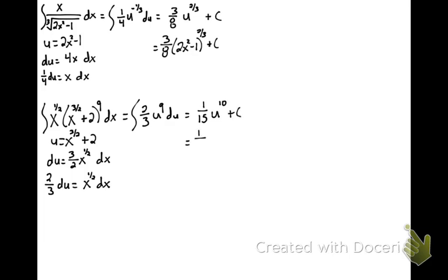Finally converting back to x, since u equals x to the 3/2 plus 2, it's 1/15 times x to the 3/2 plus 2 to the 10th power plus c. There we have a number of examples with u substitution, and let's continue to practice some more and also do some trig identities.